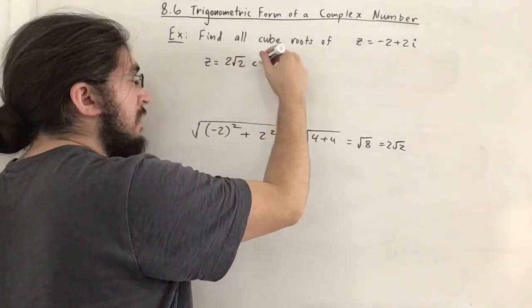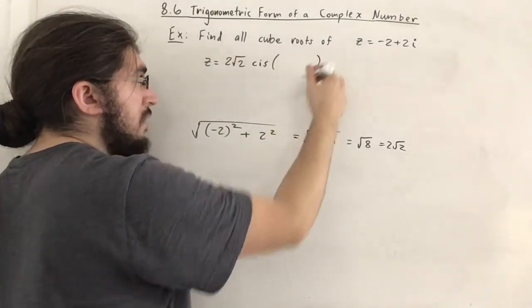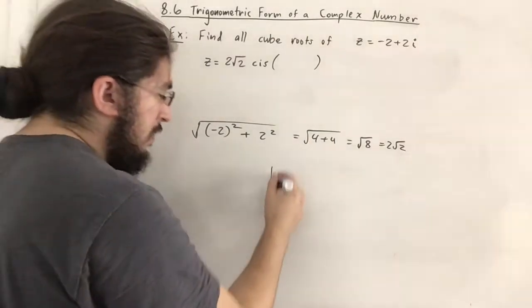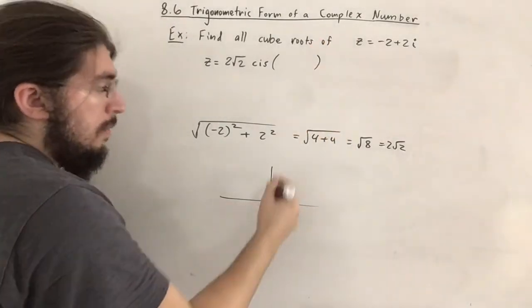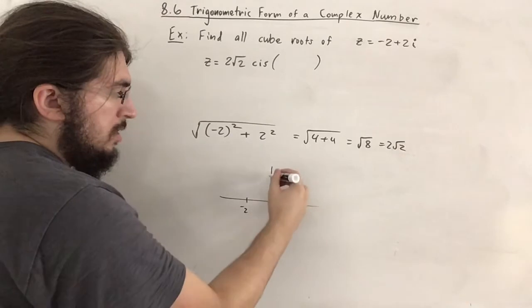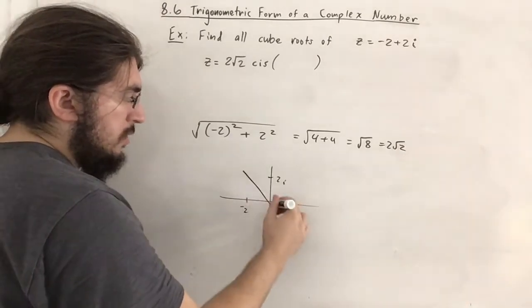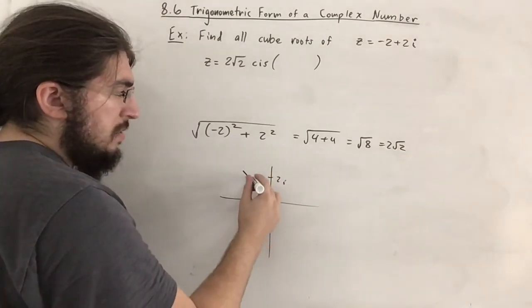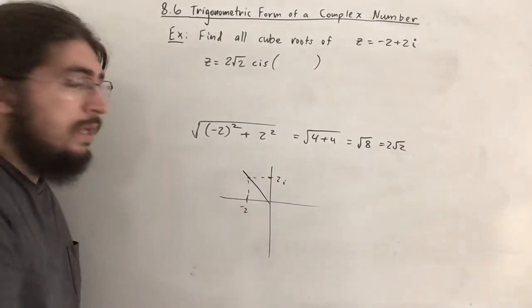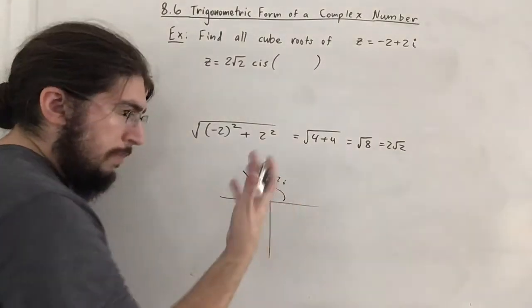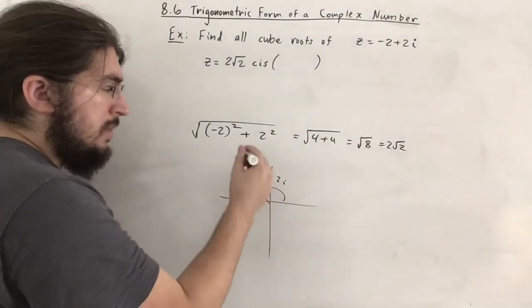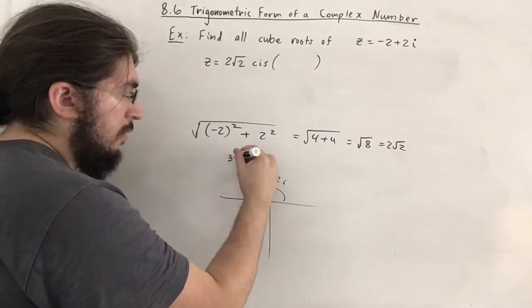And now we need our angle, so let me just write cis of the angle. Now the angle is going to be, let's see, we have -2 and then 2i. So that's going to be in the second quadrant, and since these values are the same, it's a 45-degree angle. So in the second quadrant, that is going to be 3 pi over 4.